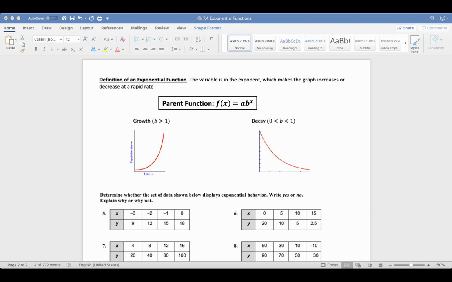So from an equation, how do we know it's exponential and not linear? Well, where's x? If x is in the exponent spot, it's an exponential function. How can we tell by the curve? Well, we're going to look and see, does it have this J-shaped curve? If it's a J-shaped curve, we know it's exponential. Remember, linear is a straight line, right? Because all lines are straight.